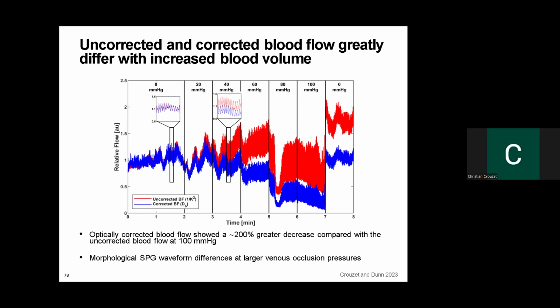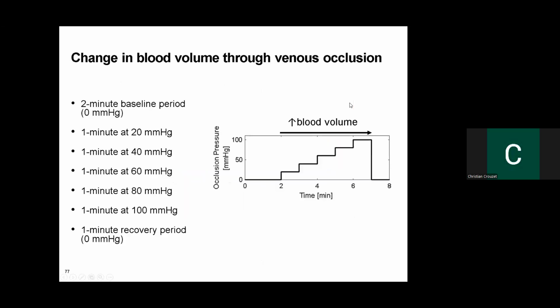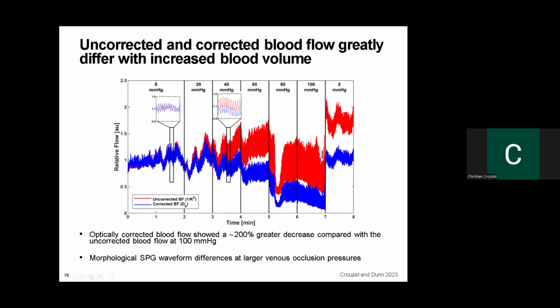Sorry, can you repeat that? So basically going from 100 to zero. Yeah, so that's basically, if this is the occlusion pressure, it's basically the cuff going from 100 to zero. So effectively, there's no true hyperemic response for the corrected blood flow, which I'm not 100% sure you would expect because you're not cutting off the arterial side.